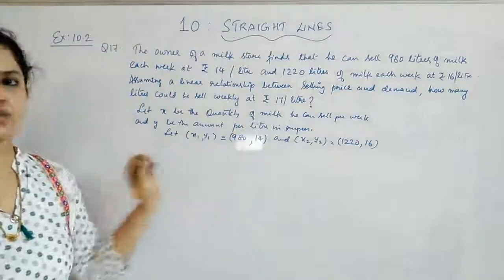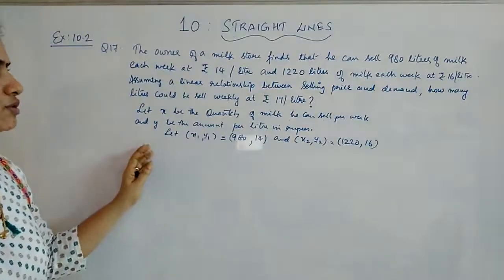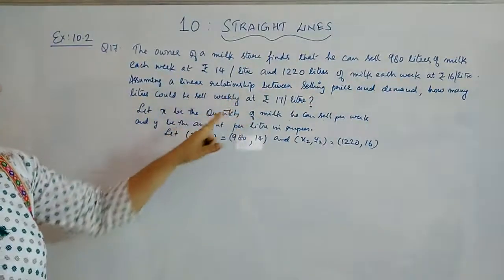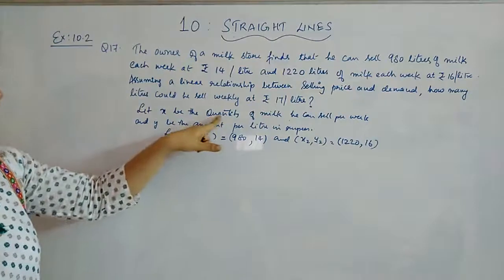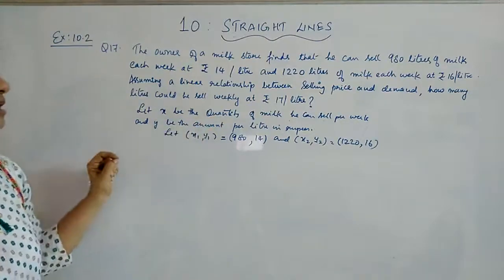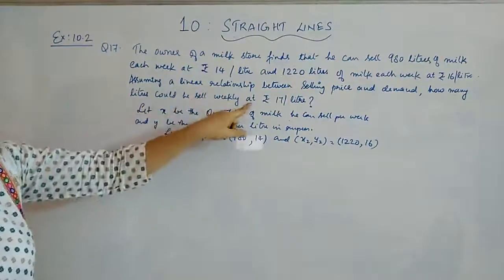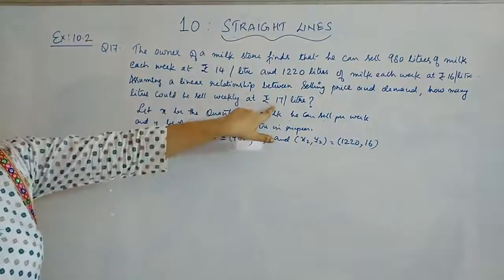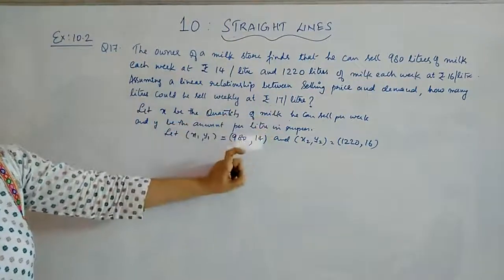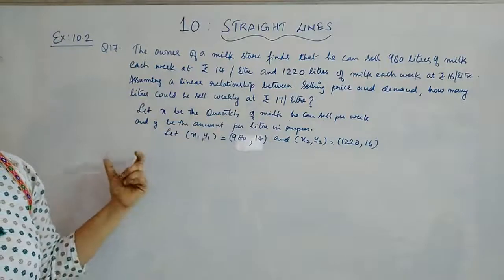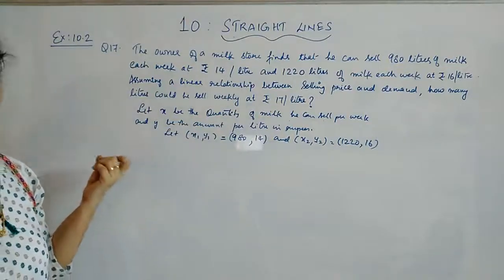So this much you have in your question. Now you have to find out the relationship between this selling price and the demand. This is demand, this is selling price, and after getting the relation, when your y is 17, what will be x? That will give you the quantity of milk.